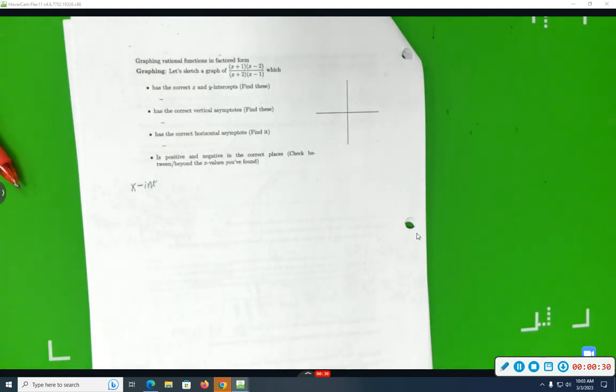So for this function, how do you find the x-intercepts? How do you find the x-intercepts of a rational function?